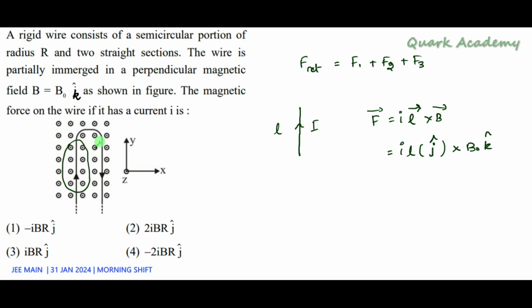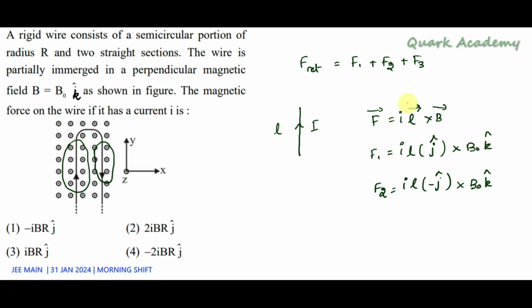Similarly, I can calculate for the other straight section. Let this be F1 and that is F2. So here we will get I L, in this case negative J cap since current direction is downward, and B cross K cap. If you look at F1 and F2, their magnitudes are the same, but the direction is opposite.